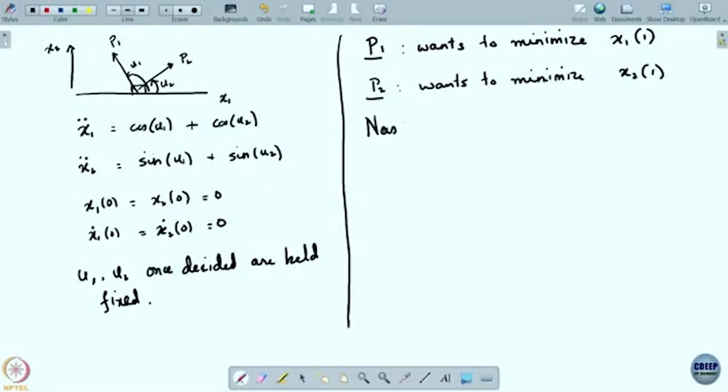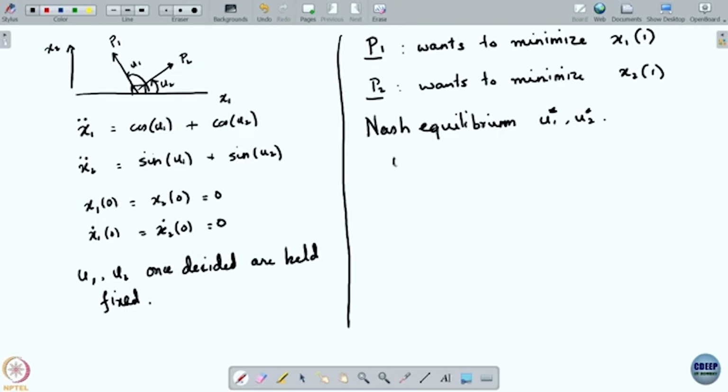So what we need to look for in a Nash equilibrium is u1, u2, or let's call this u1 star, u2 star. Okay. So now, can someone tell me what would be the Nash equilibrium? So P1 pulls towards the direction minus x1.